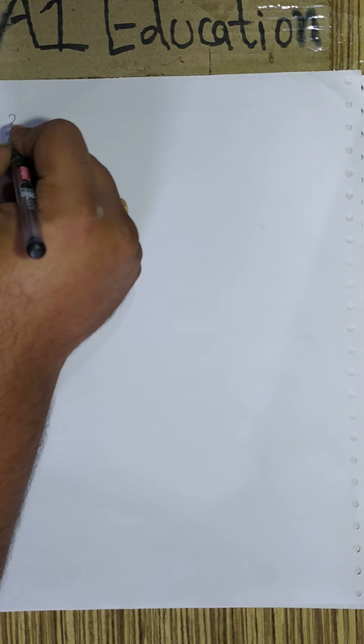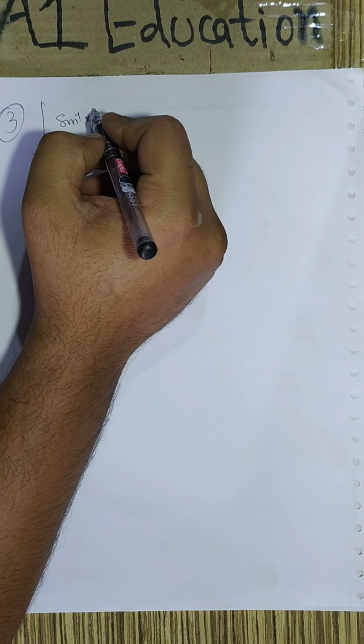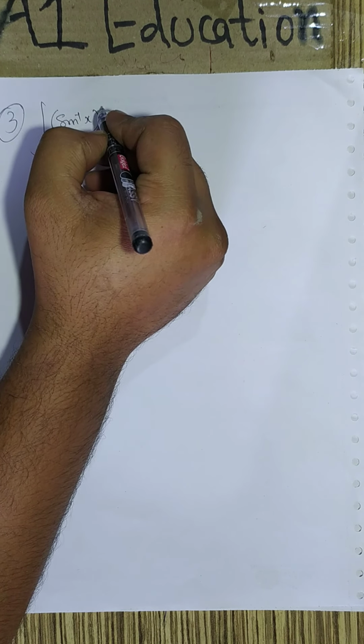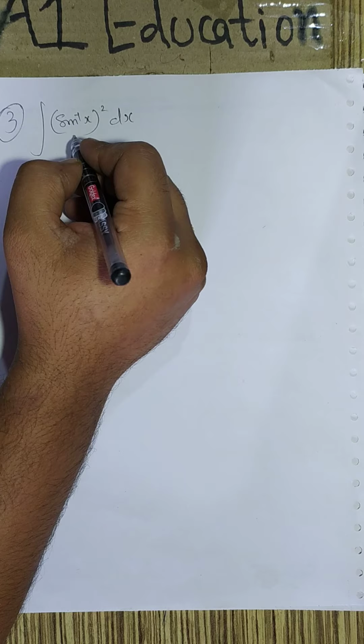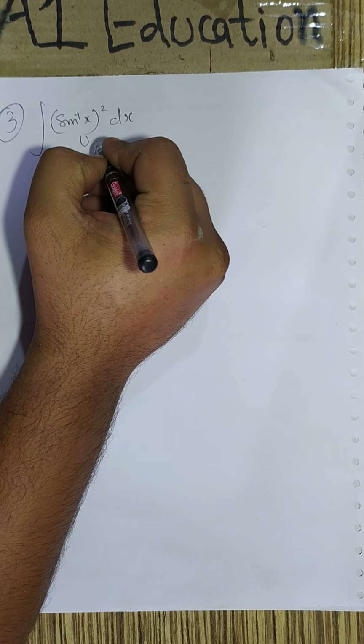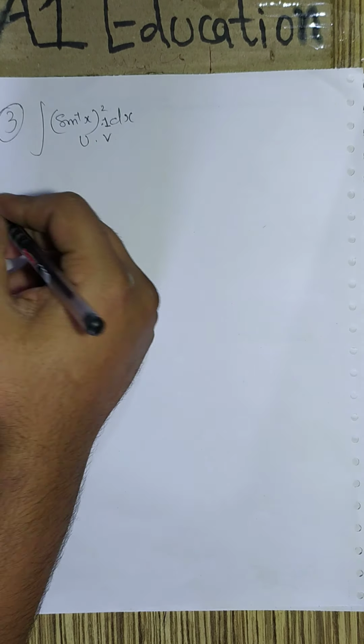Next, the third question we take up is integration of sine inverse of x whole square dx. Again here, as an inverse function is involved, obviously the inverse function tends to become u, and the one which we can write in the multiplication becomes v.